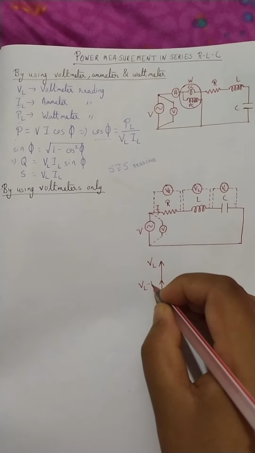Now VR plus VL minus VC is basically the voltage across this combination. The vector addition of these two will be the supply voltage V, and this should be the angle phi.